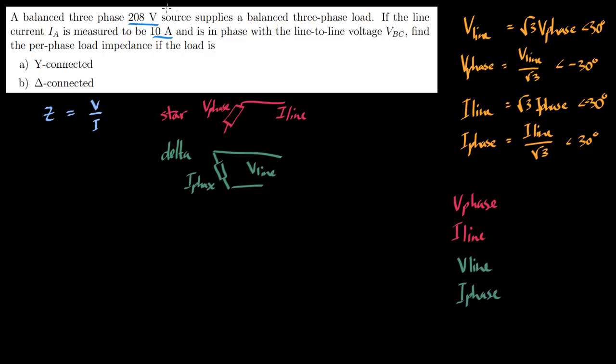As we know, this quoted voltage magnitude will always be in line voltage. So if we want a phase voltage, we must divide the magnitude by √3. Because this is our reference voltage, we set the angle to 0.